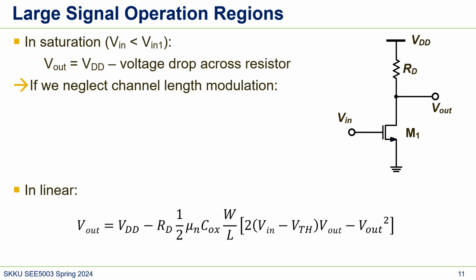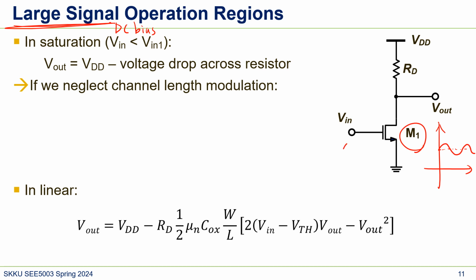We talked about the operation regions of this M1. Let's focus on the equations for this DC bias. So here, large signal is important. Large signal means DC voltage, so it's easy to remember it as DC bias. What I'm saying is V out will have some DC bias voltage and then the small signal.